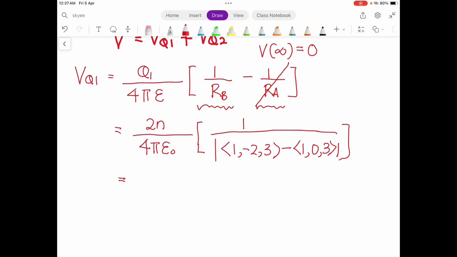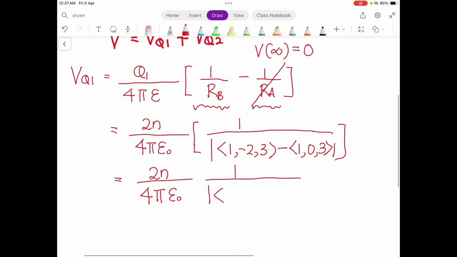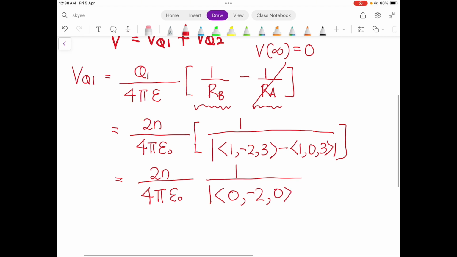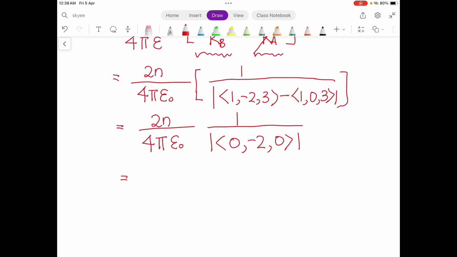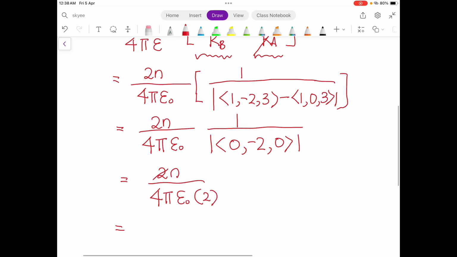So this one will be equal to 0, -2, 0. Let's calculate the answer.